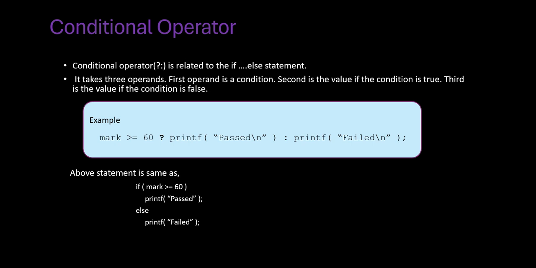Now this example is same as the below code. This code is if mark is greater than or equals to 60, we print passed, else we have to print failed. For this code, we can use the above part. Both are same, both give the same result.